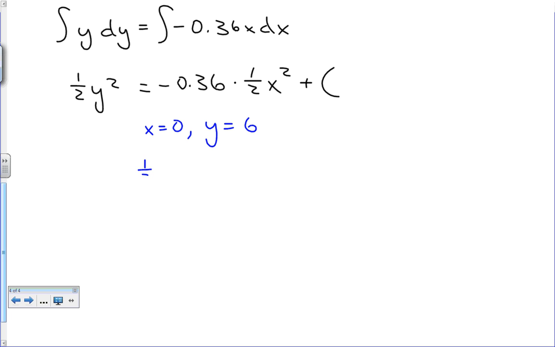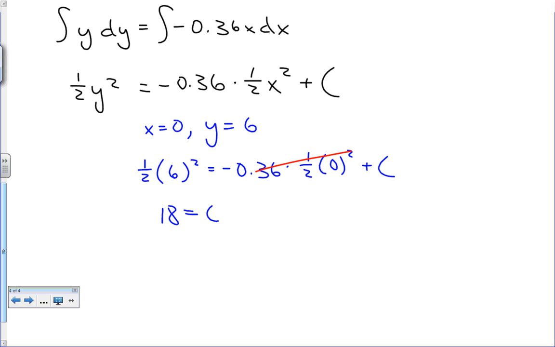So we'll end up with 1/2 times 6 squared is equal to a -0.36 times 1/2 of 0 squared, that's nice, plus c. In fact, since this is multiplied by 0, he's all gone. So the value of c turns out to be 1/2 times 36. So c is equal to 18.